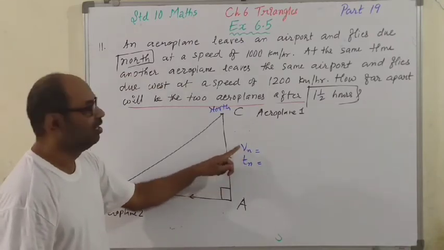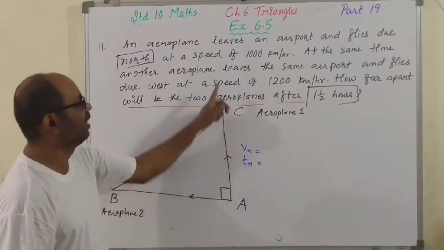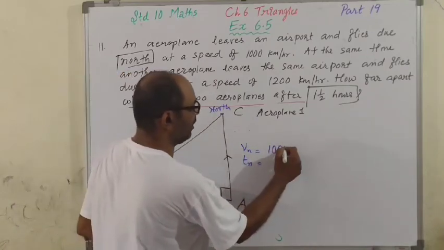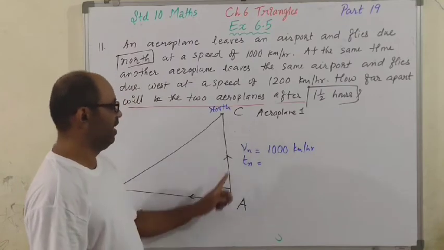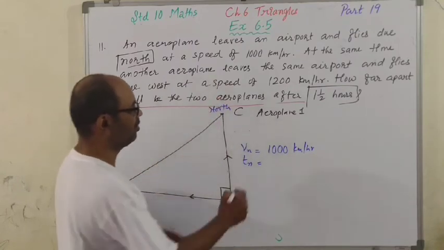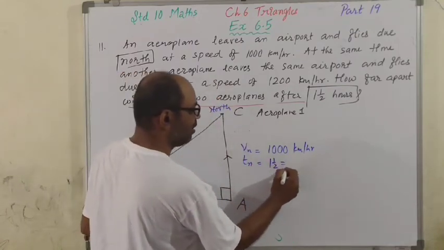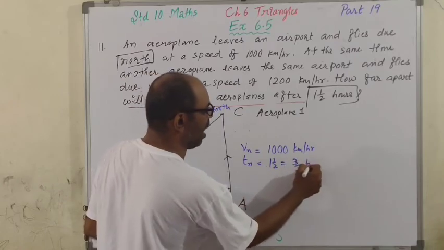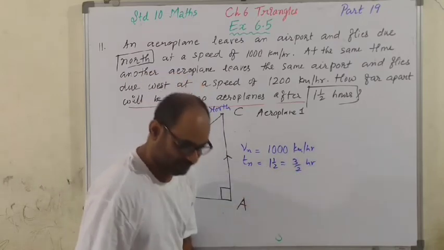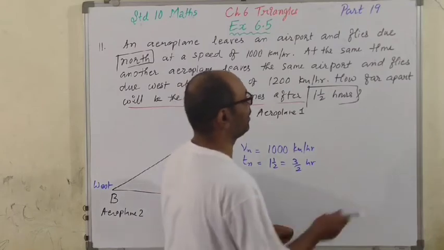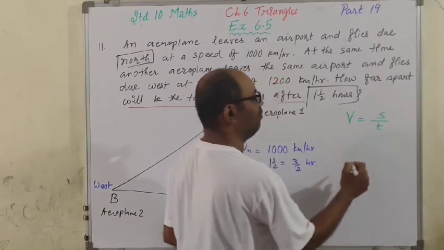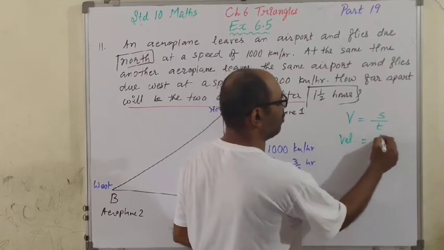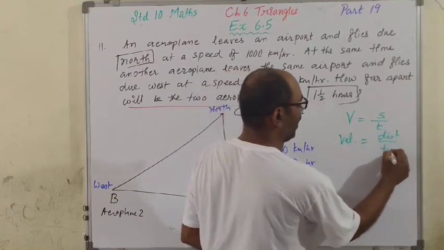N for north: the velocity of the aeroplane moving north is 1000 km per hour, and the time taken by aeroplane 1 moving north is 1.5 hours, so that is 3/2 hours. Children, remember the physics equation: velocity is equal to distance upon time.